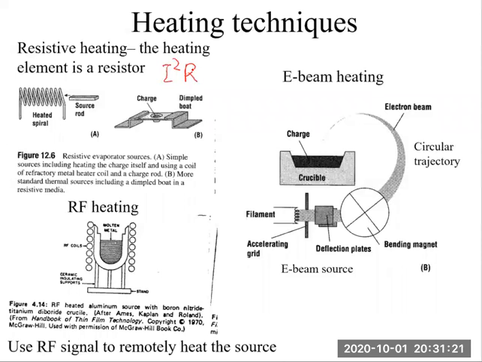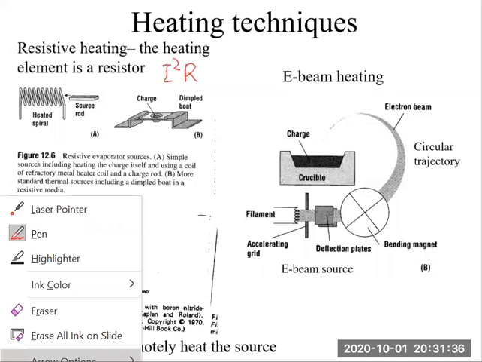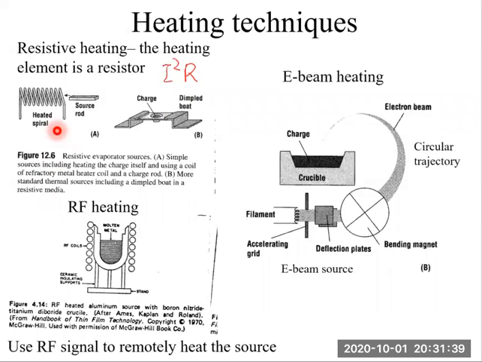Then Joule heat is generated. This heat is equal to I squared R, proportional to the resistance and proportional to the square of the current. It's called Joule heating. This heating element can be either a spiral coil or a dimpled boat, and typically you can use tungsten to make these heating elements.